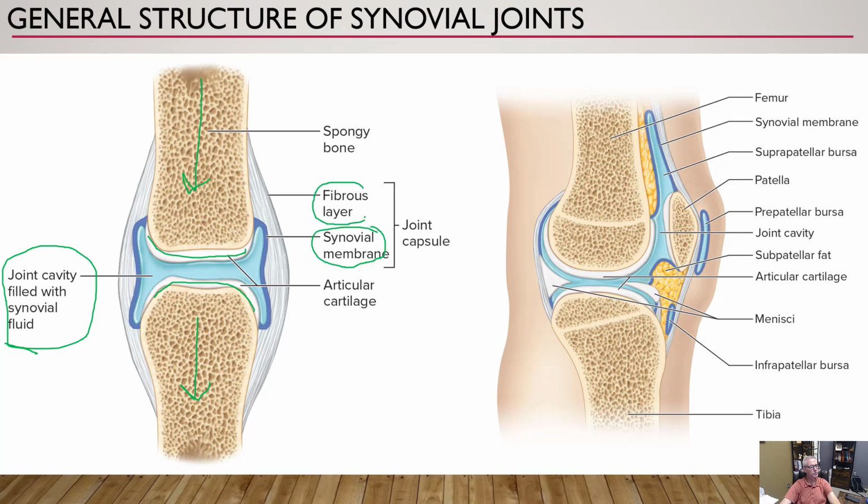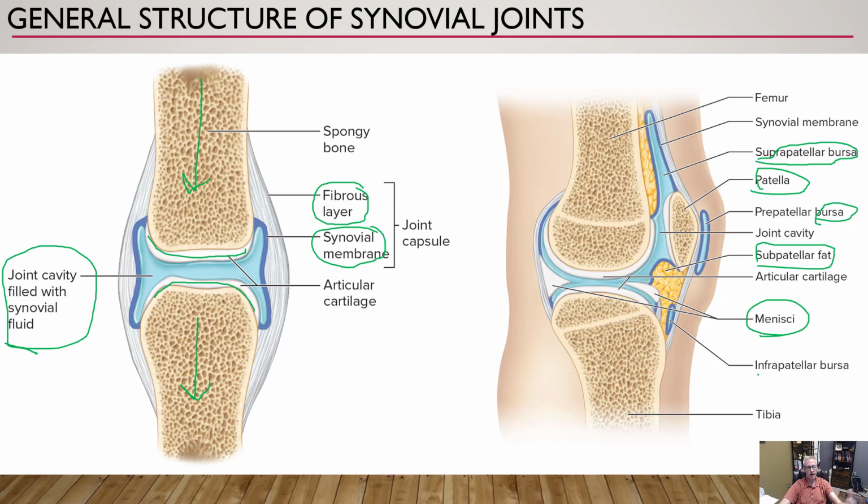Those are going to be our ligaments with that fibrous layer. We can have a bursa. The knee joint has a bursa. There's your patella, that's also your kneecap. Another bursa. Some have some fat with it. There's a meniscus there.